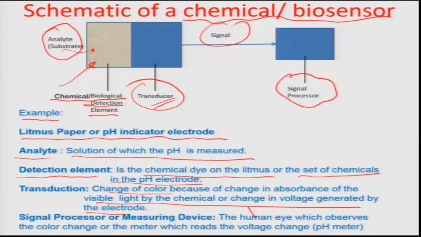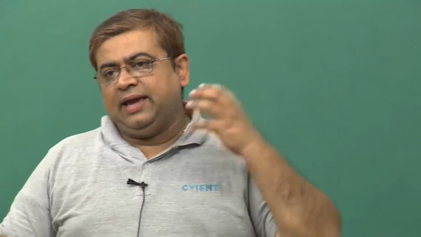Either way, this is caused by the presence of hydrogen ions, which can detect how acidic or how basic a solution is. And then the signal processor, in the case of a color change, is your brain which records the color change. You are able to see the color change through your eyes. If I looked at how my eye functions, it is also a sensor, or how my nose functions, that is also a sensor. I am going to come to that level probably in the next lecture.